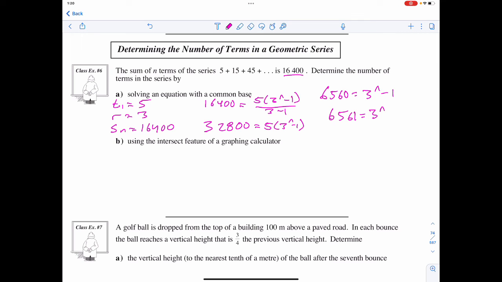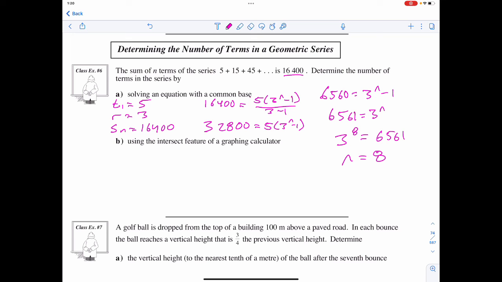And then I could expand it out in order to figure out 3 to the power of what is equal to 6561. 3 to the power of 8 is 6561. So n is equal to 8.